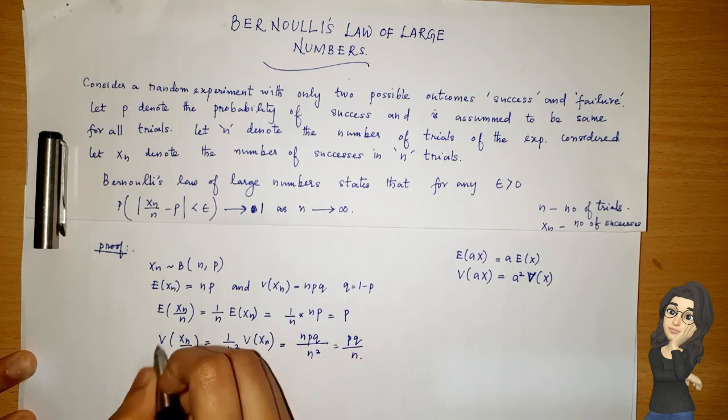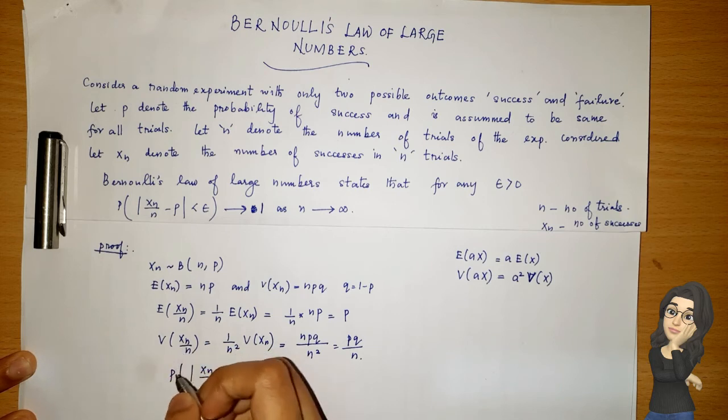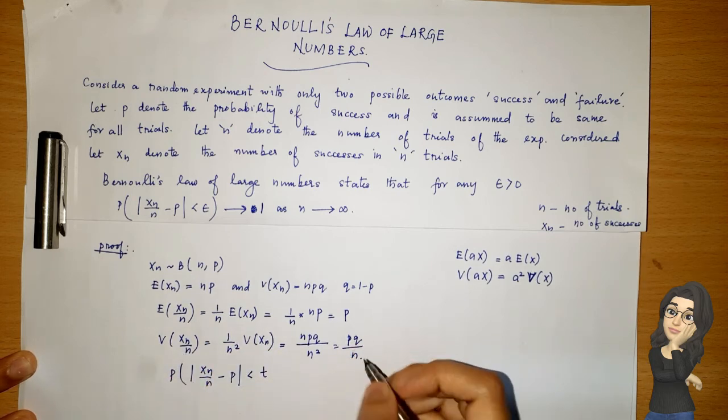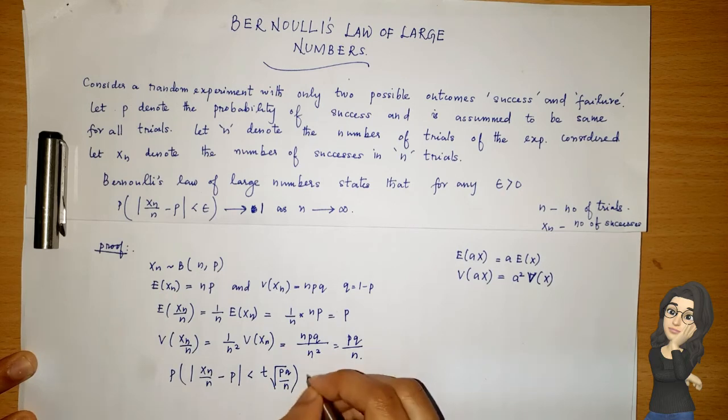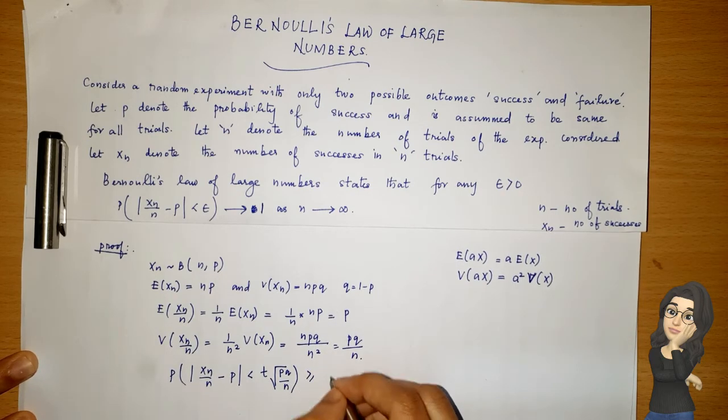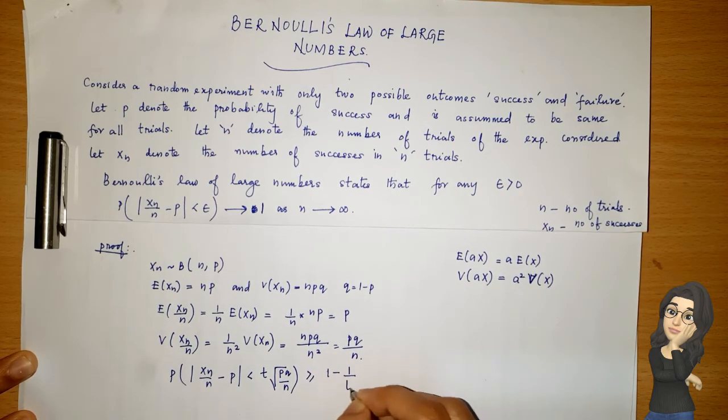So we know the variance of Xn/n, so the standard deviation will be the root of this. Instead of sigma, we can write root of pq by n, is greater than or equal to 1 minus 1 by t squared.